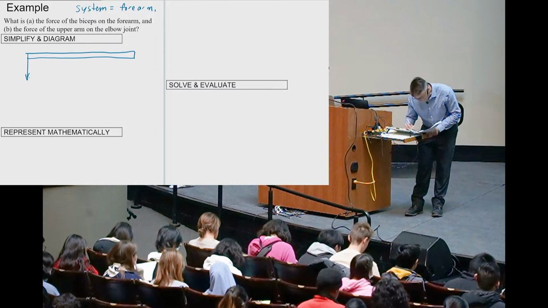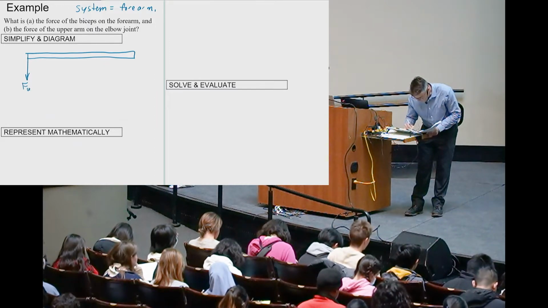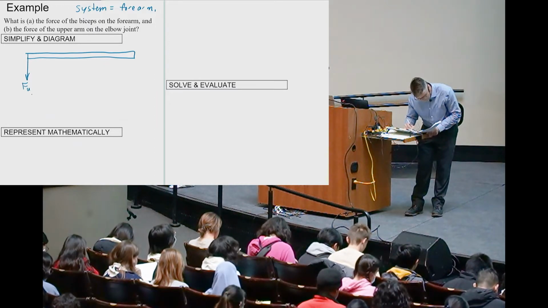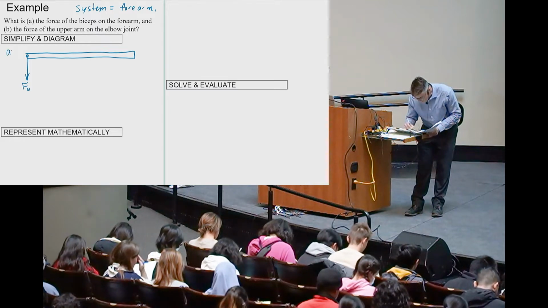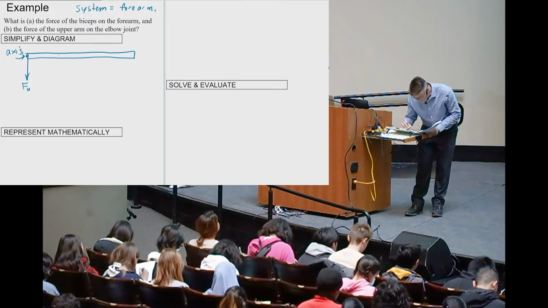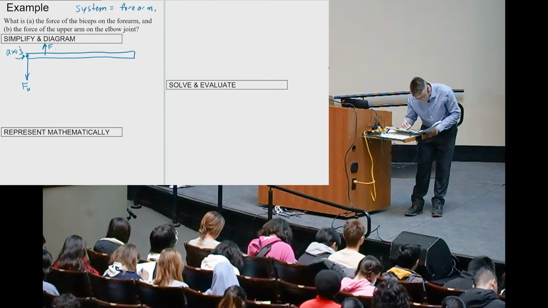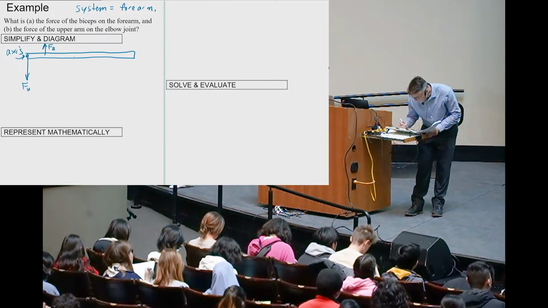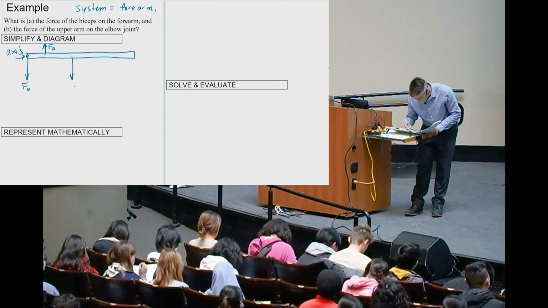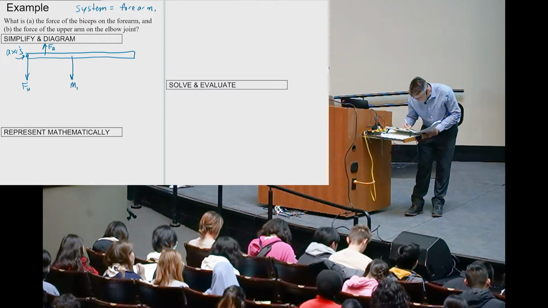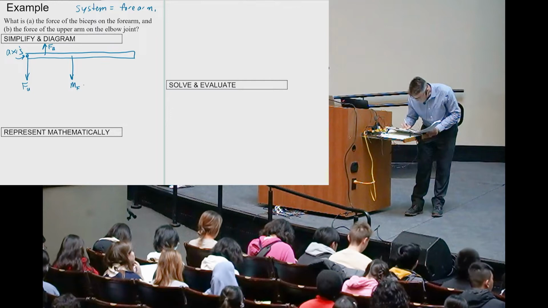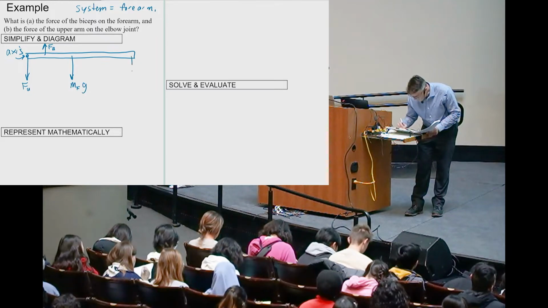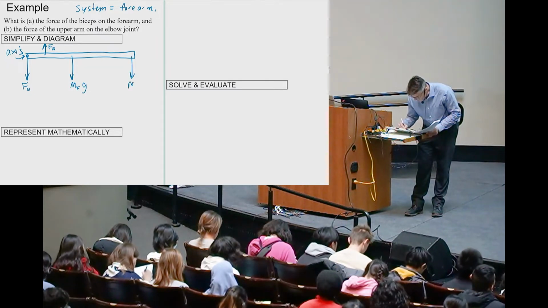So I've got this force of the upper arm, which I don't care about. This is the axis. And then I've got this one, the force that I'm trying to find, which I'll call bicep. And this one, which is the mass of the forearm now, times G, easier. And this one, the mass of the ball, times G.